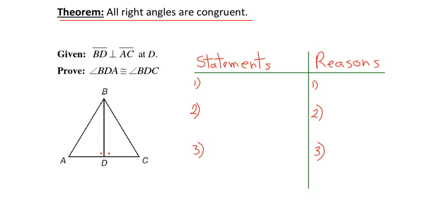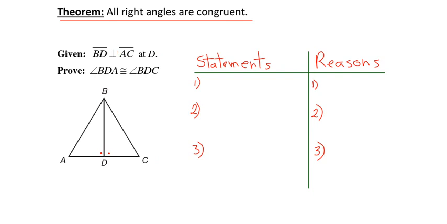So what's the information that we have to start our proof? We have that BD is perpendicular to AC. So what can we get from that? From this given, we can get that we have right angles, because that is what the definition of perpendicular lines says.